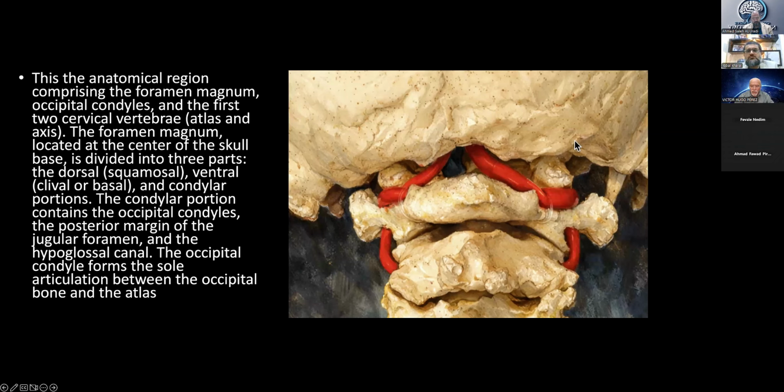Here are the condylar portions. The condylar portion contains the occipital condyles, the posterior margin of the jugular foramen, and the hypoglossal canal. The occipital condyle forms the sole articulation between the occipital bone and the atlas.